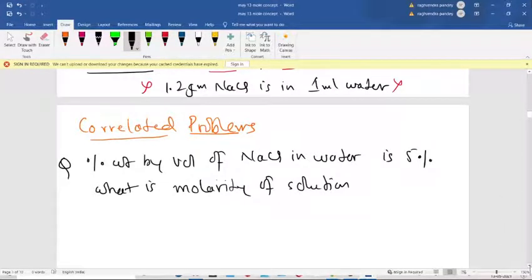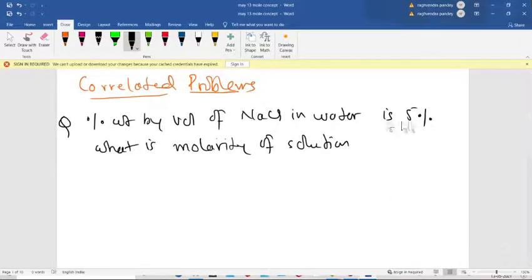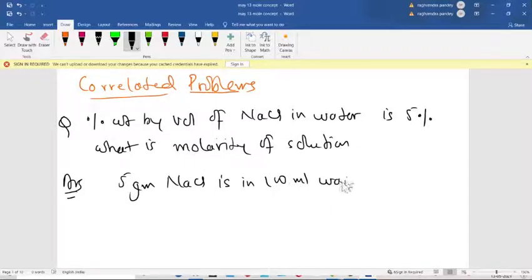Its meaning is 5 gram NaCl is in 100 ml water, because that is weight by volume. Got it? So this is the first thing we have to understand.